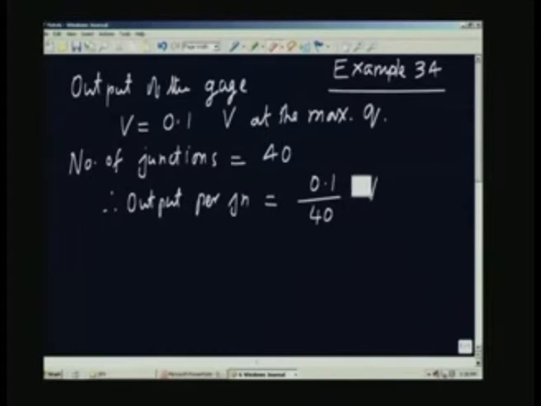So, this will be 0.1 volt at the maximum Q. Number of junctions is 40, therefore, output per junction is 0.1 by 40 volts, or this will be 0.0025 volt per junction.